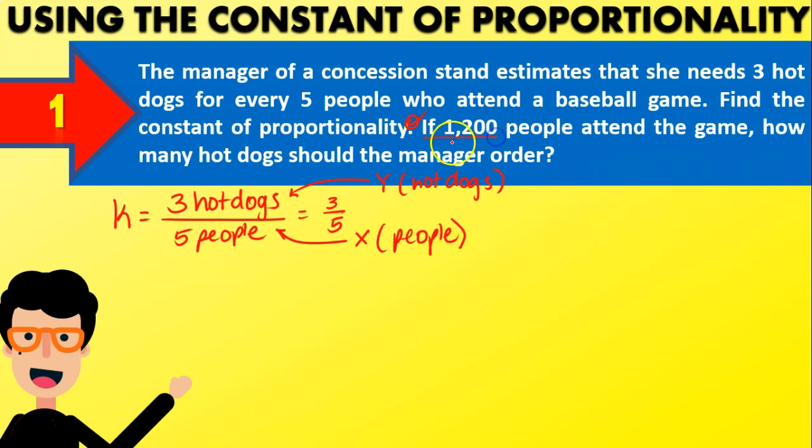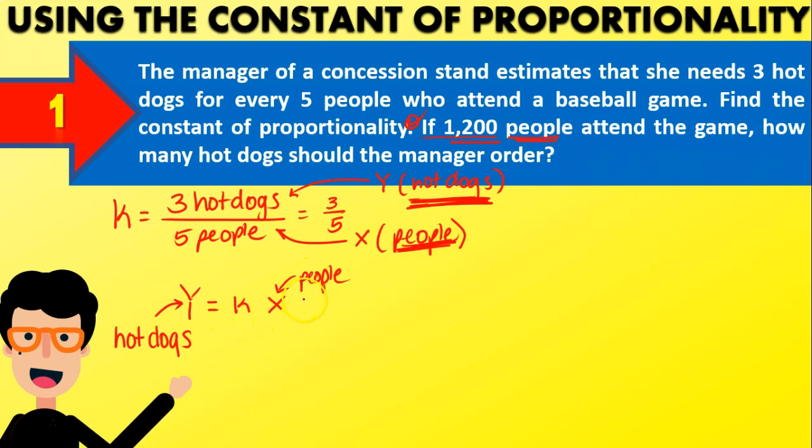Now we're asked, if 1,200 people attend the game, how many hot dogs should the manager order? Now we have to remember the formula, y is equal to k times x, where y is going to be the amount of hot dogs, because that is what we chose here, and x is going to be the amount of people, because we used it here.